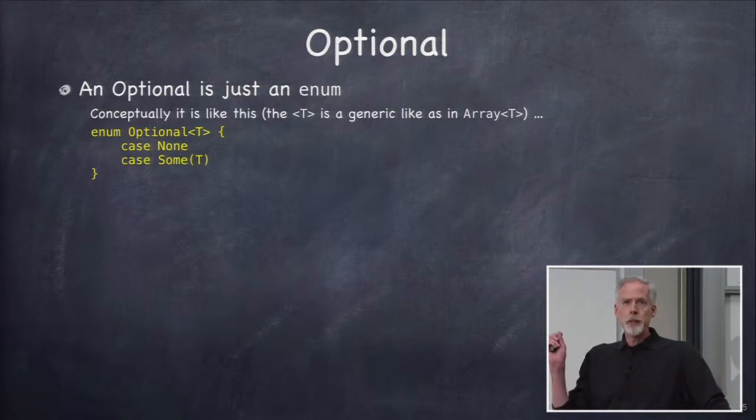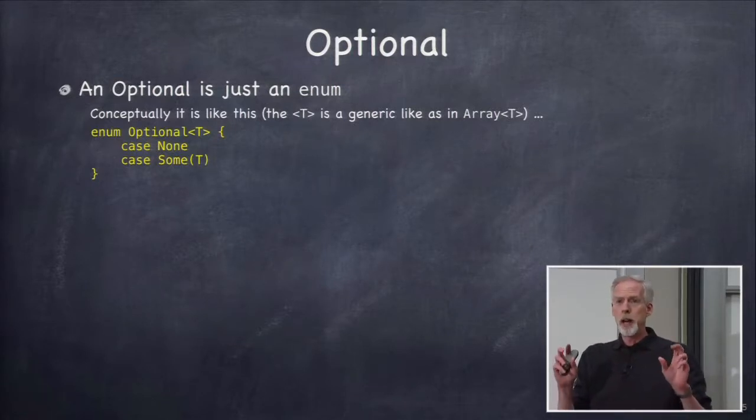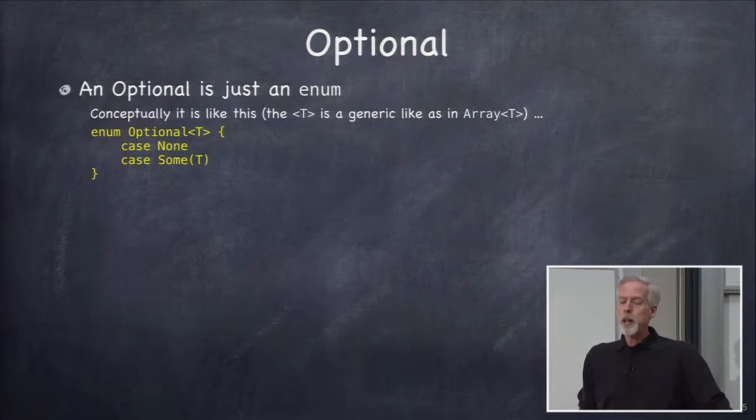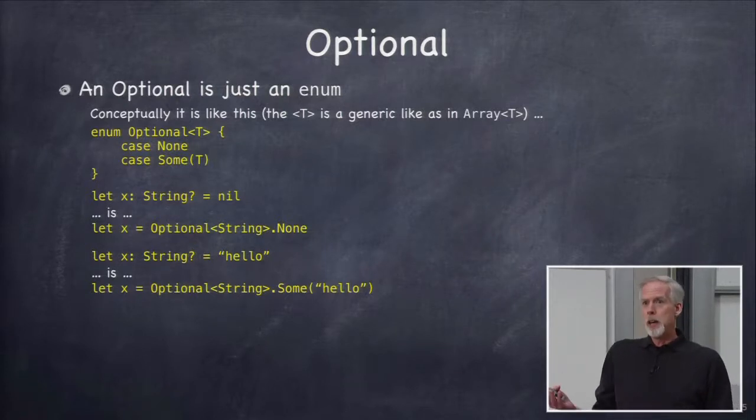And that type, which is T here in this little enum, is just the type of the associated value. You know that enums can have associated values. So that's just the type that, if the optional is not nil, that's what you get. So that's all an optional is. For example, this is what it would look like if we used the enum notation.